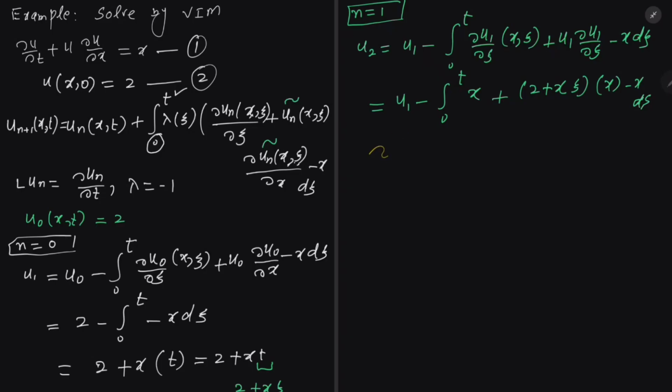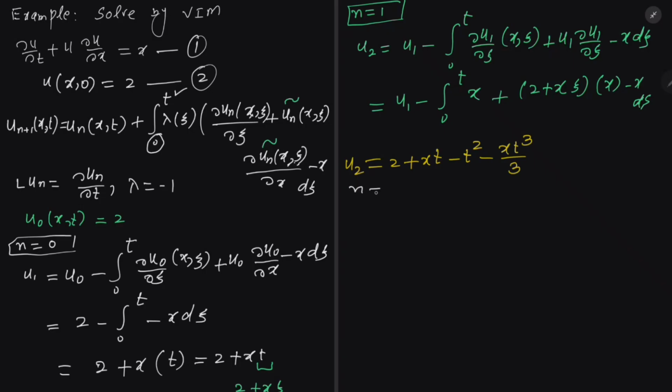So we solve it further. After solving it, we get u2, which is equal to, you can solve it yourself, you will get 2 plus xt minus t square minus xt cube by 3.